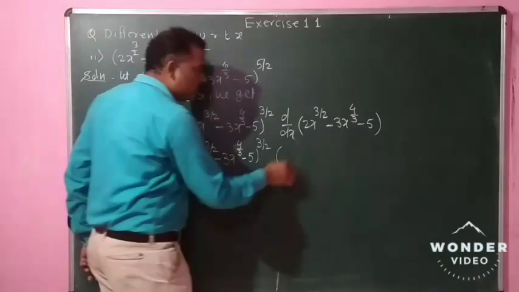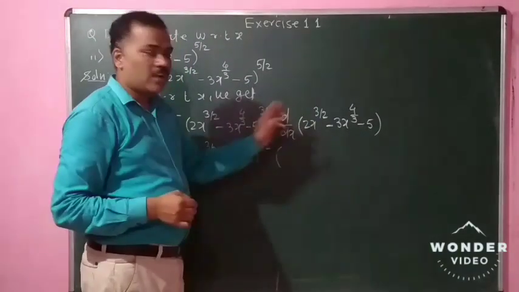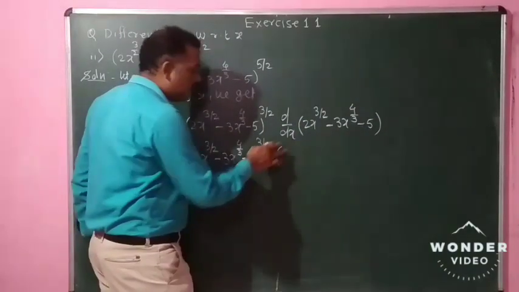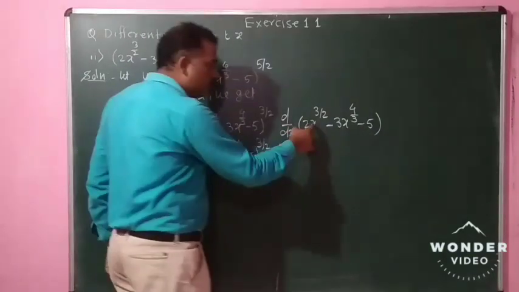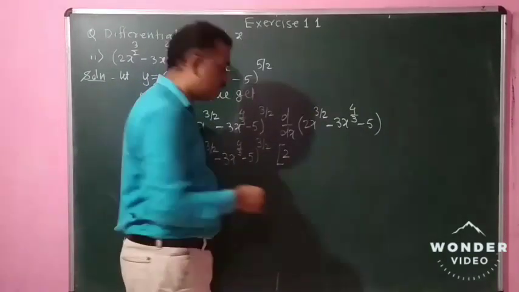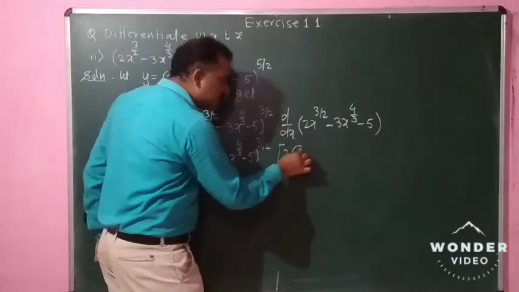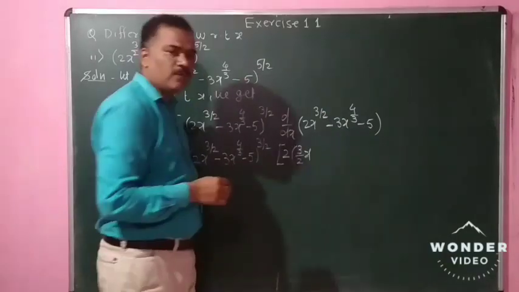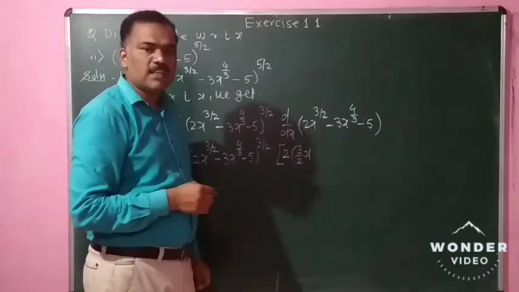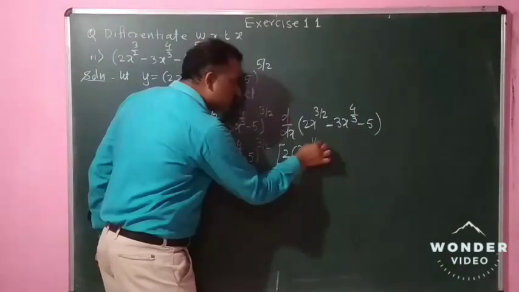Now we take the derivative of this part. 2 is a constant, so we take it outside the derivative, and write 2 into the derivative of x^(3/2). We take the power as it is, 3/2, into x raised to, subtract 1 from the power: 3/2 minus 1 is 1/2.